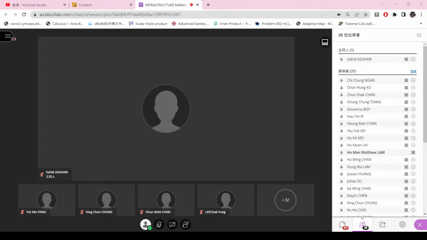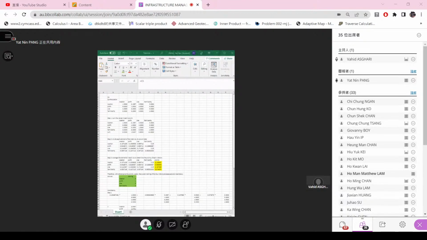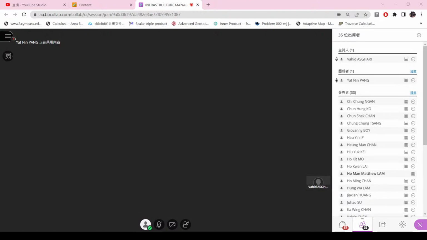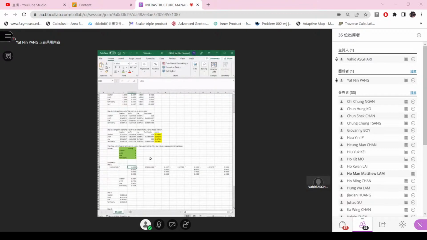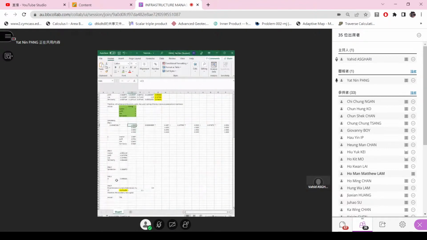Is it priority? Let me check. So what is your vector? What is your final weighted sum? Weighted sum. I think I'm getting the consistency here.